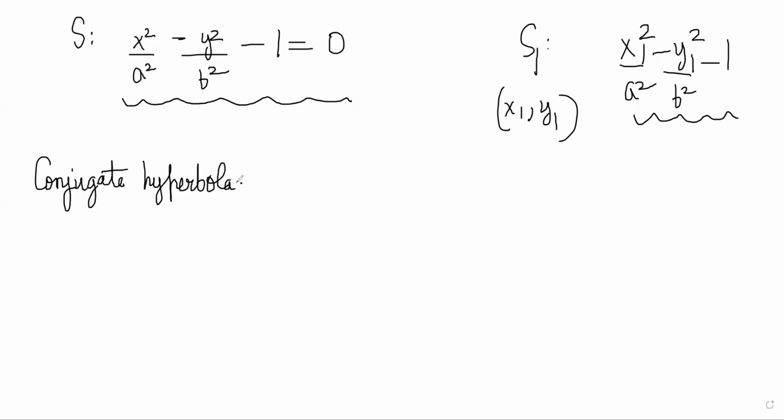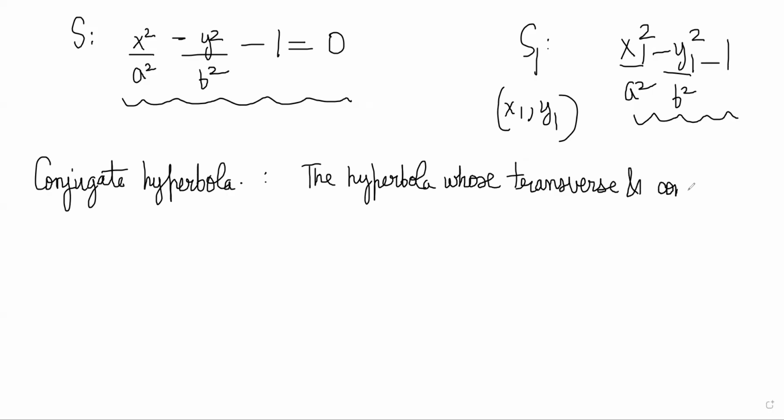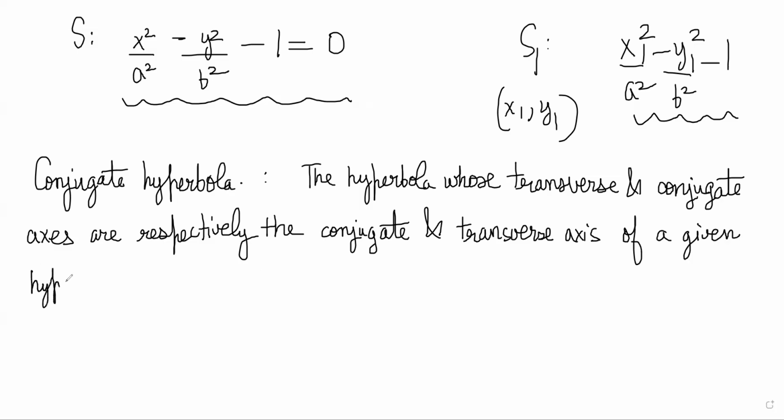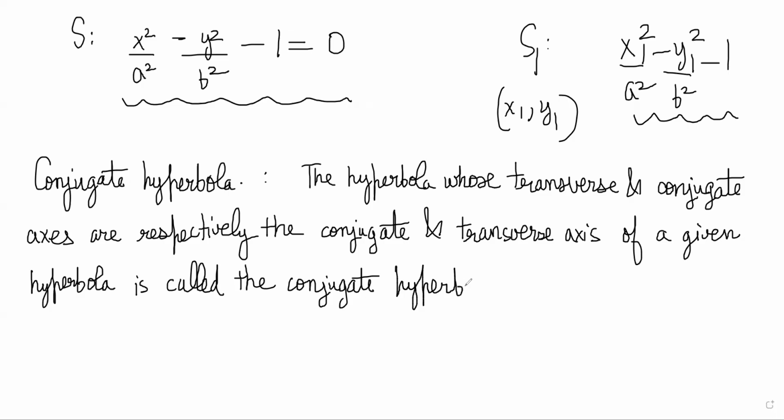The definition is this: the hyperbola whose transverse and conjugate axis are respectively the conjugate and transverse axis of a given hyperbola is called the conjugate hyperbola of the given hyperbola. So what is the meaning of this?